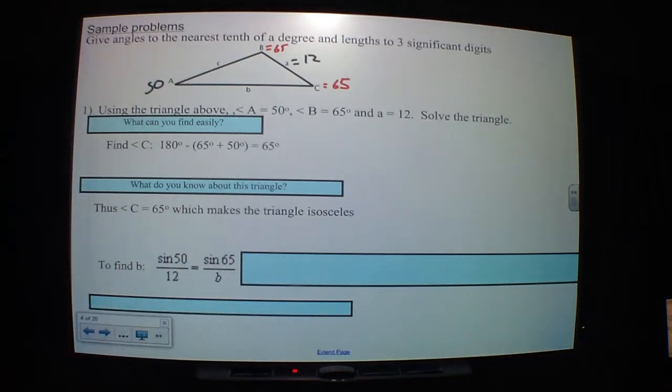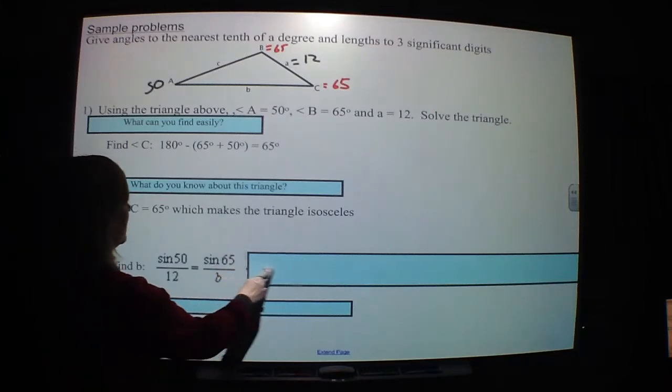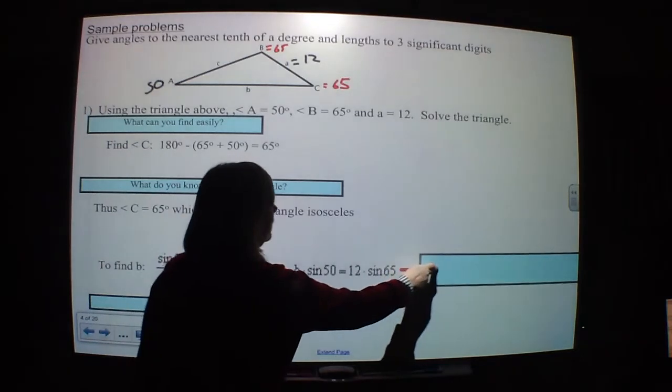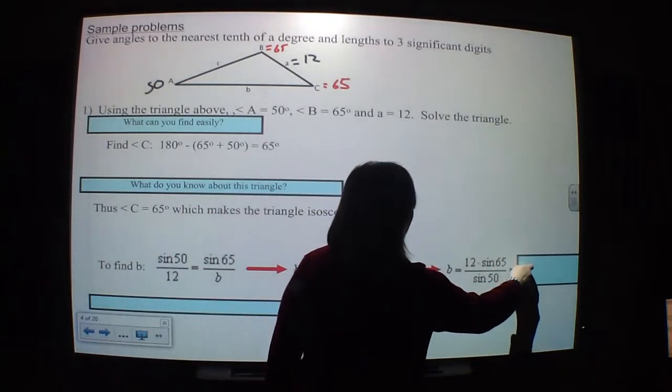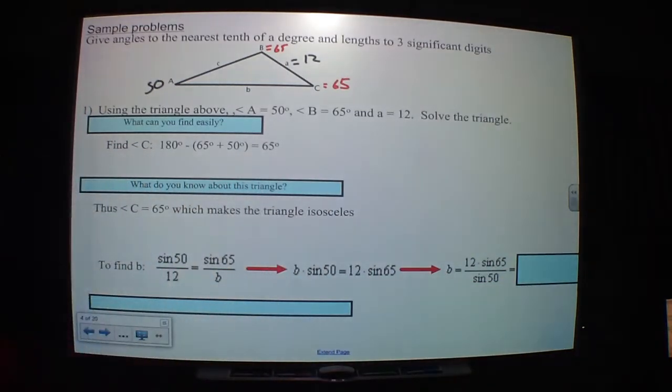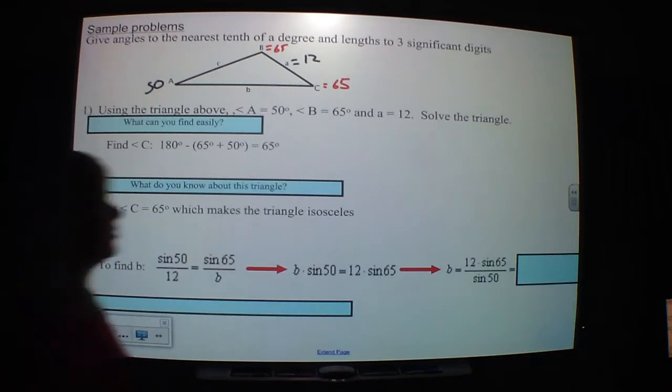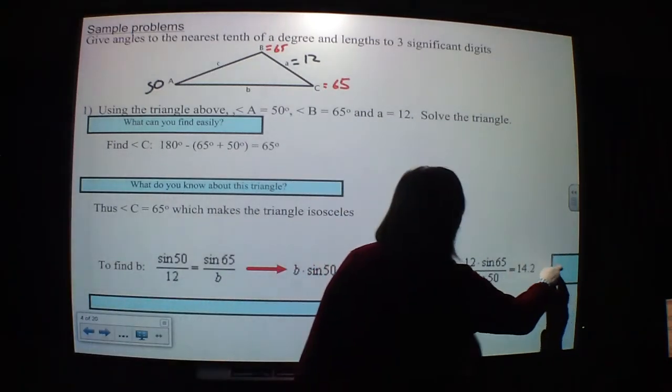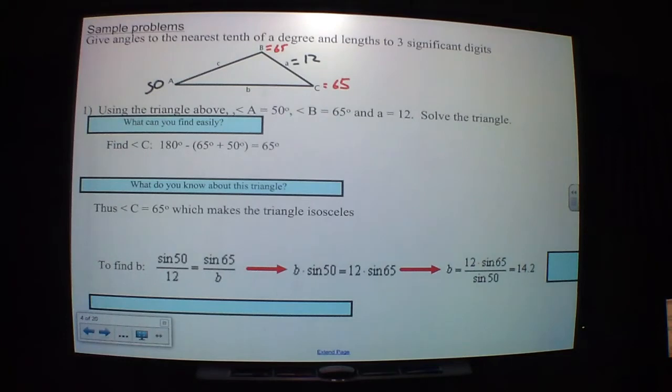I've called it angle B, sine of 65 over b. Cross multiply and solve for b. So then you'll get b is equal to 12 sine of 65 over sine of 50. Then pick up your calculator, make sure your calculator is in degree mode, and you'll get 14.2.